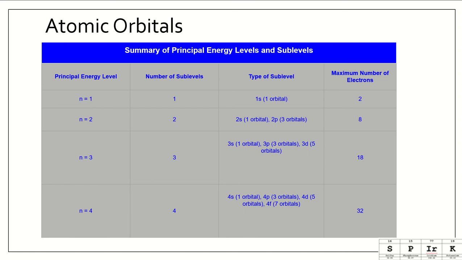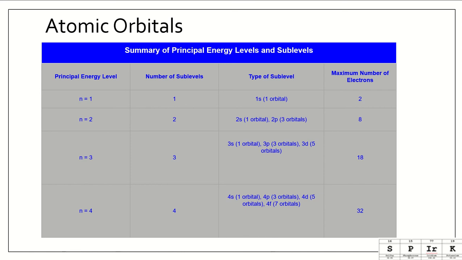So here's a summary of the principal energy levels and sublevels. This is going to come in quite handy on your homework and as we continue to go through the rest of the chapter and really the rest of the year. So again, you have your principal energy levels, and these refer mostly to the rows on the periodic table.